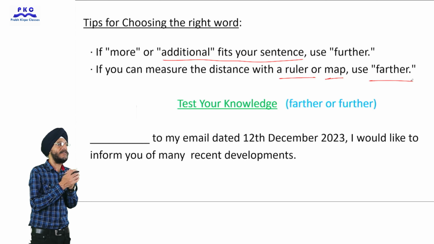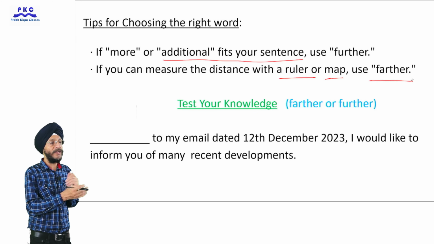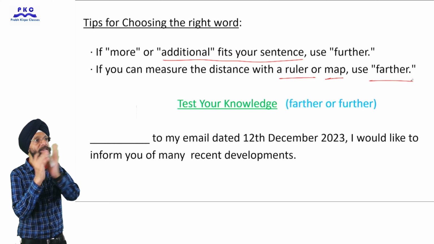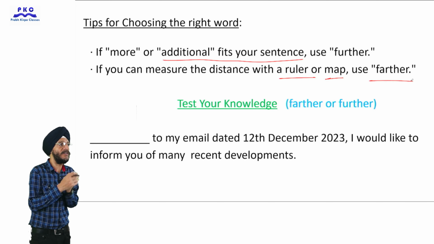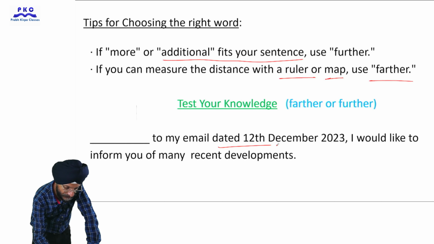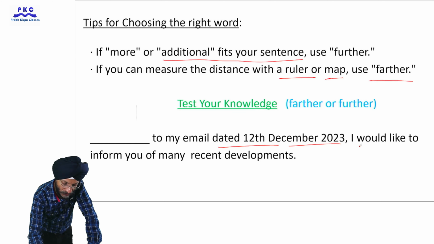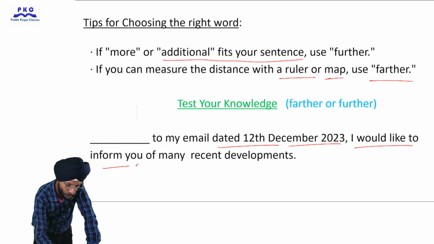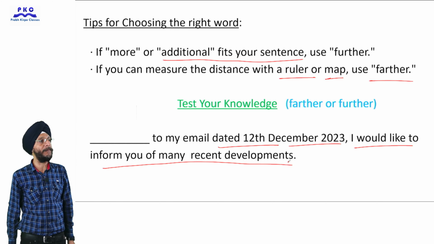Now we will test whether we have been able to understand the difference between these two words. Further to my email dated 12th December 2013, I would like to inform you of many recent developments.